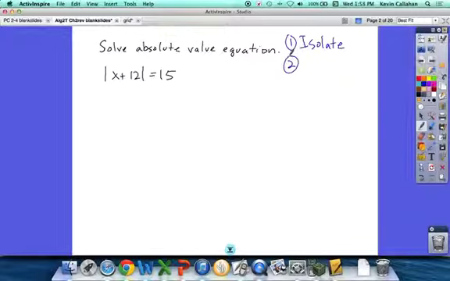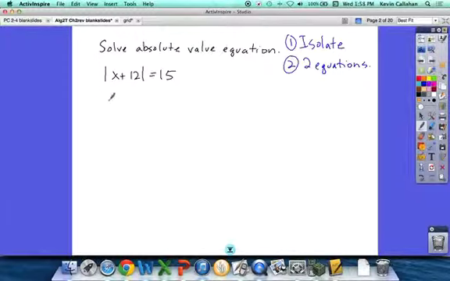2 equations, right? For an absolute value equation, break it into 2 equations. And what would they be? Right. If what's inside here equals 15 or negative 15, this thing is solved, right? Because when you take the absolute value of a negative 15, it's 15.